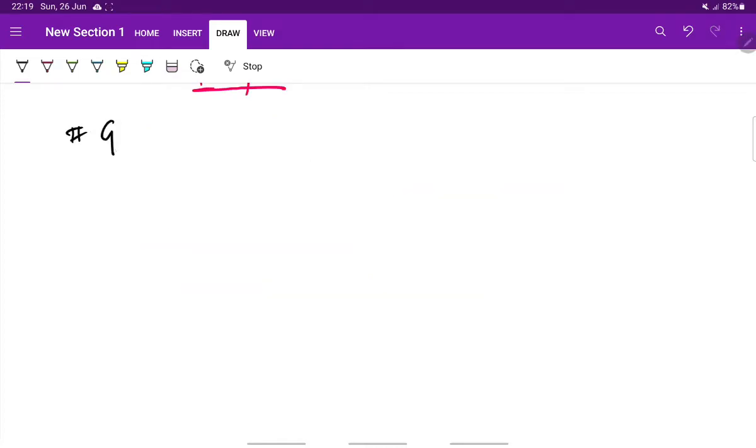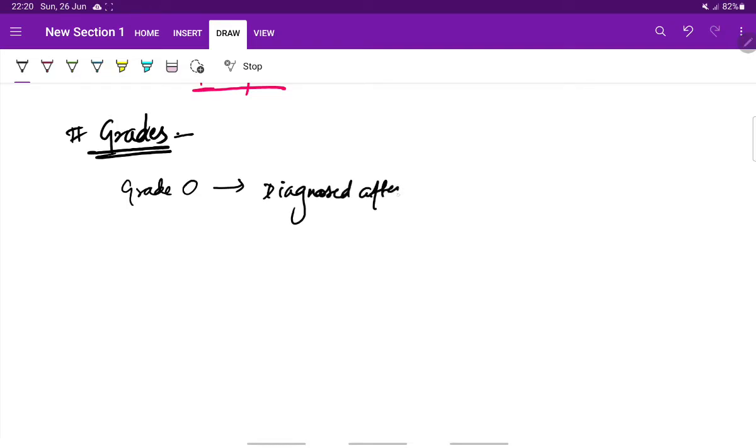Next, let us see about the grades of abruptio placenta. First is grade 0, that is when it is diagnosed after delivery, after seeing a retroplacental clot. Next is mild or grade 1.